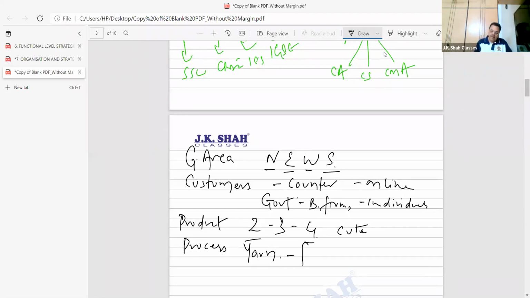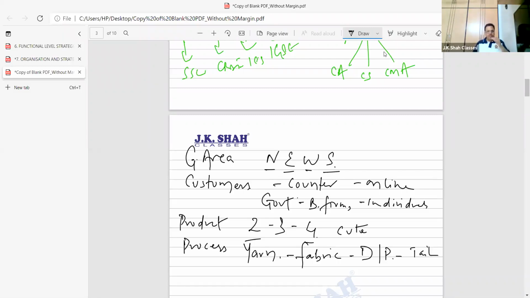Then there is another division. What it does, it converts yarn into fabric. So fabric division. Then once the fabric is made, dyeing and printing is done. After dyeing and printing is done, students, there is another department. Come on, tell me, for tailoring. So what happens?